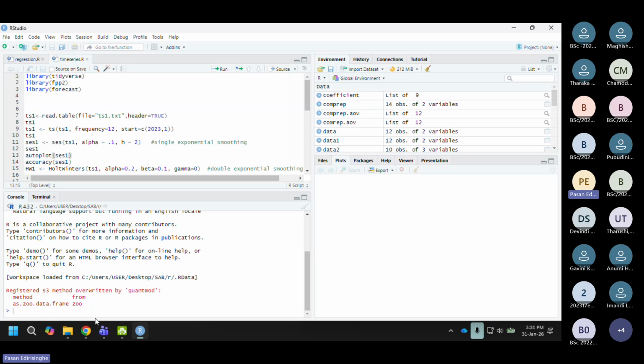If you get red, that means some error is there, so you need to look at the code and correct it. If you have any graphs as output, they will appear over here, and all the data files will be available over here. You will see how it works once you are running it.